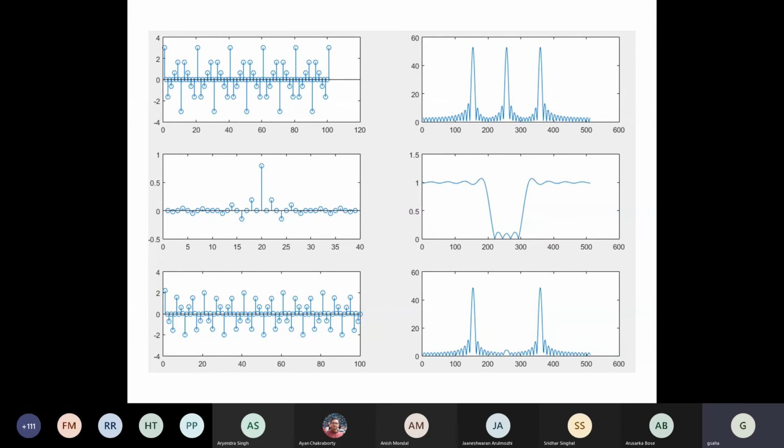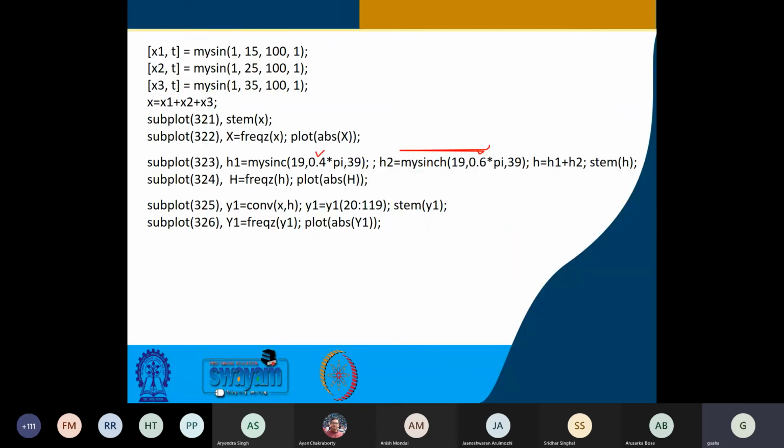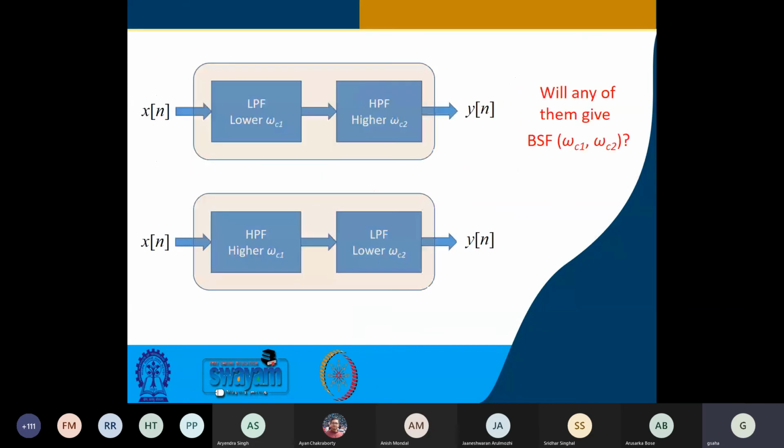So I would like to stop here, but I think one point I missed. In this framework, can I get a band stop filter by certain means? If I want two such systems, low pass, high pass, it is your choice how you do it. Can I get a band stop filter?